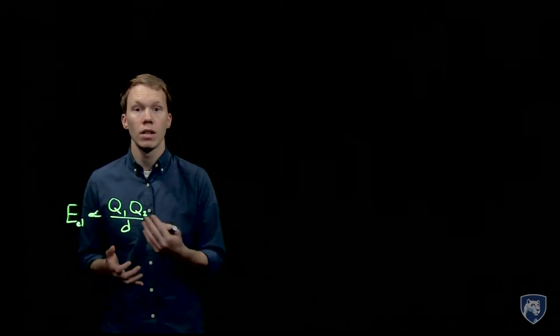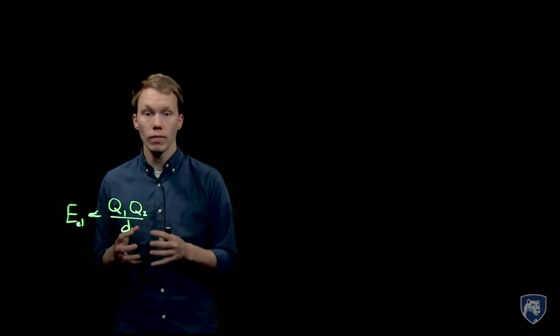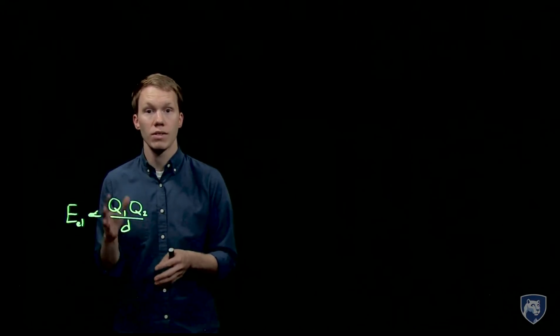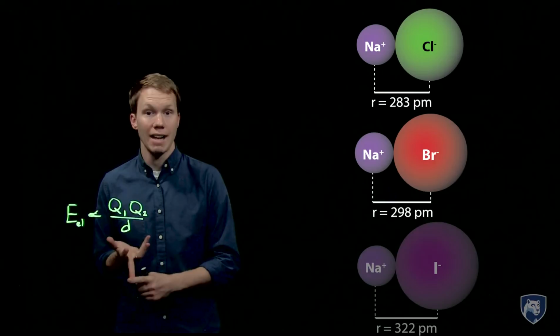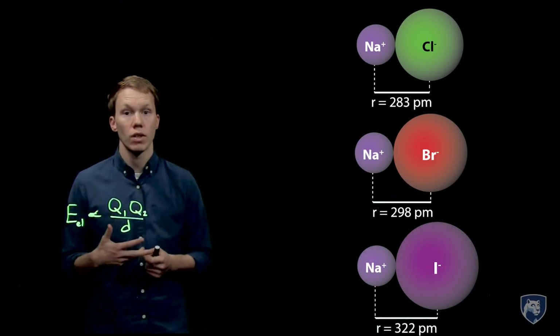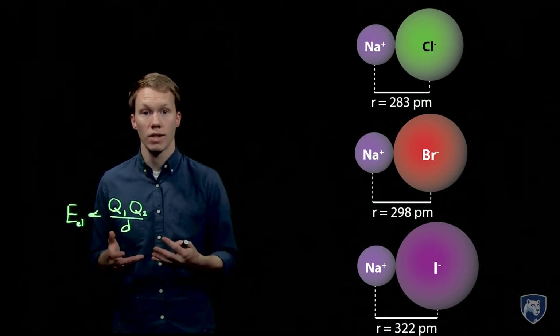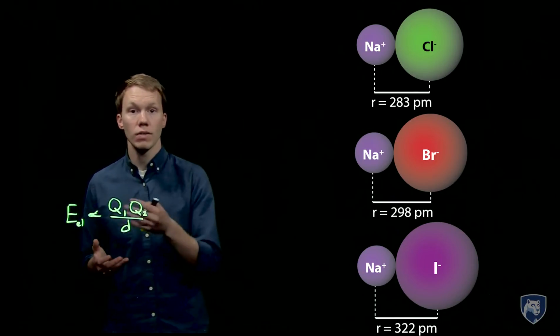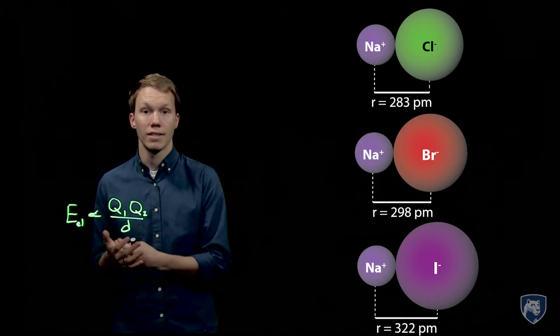When we're looking at examples within the same charge family, so let's look at NaCl versus NaBr versus NaI. The charges are all +1 and -1 in these examples. So we need to move on to the other criteria, which is the distance those ions are separated. And this is going to relate back to the periodic trend in ion size.